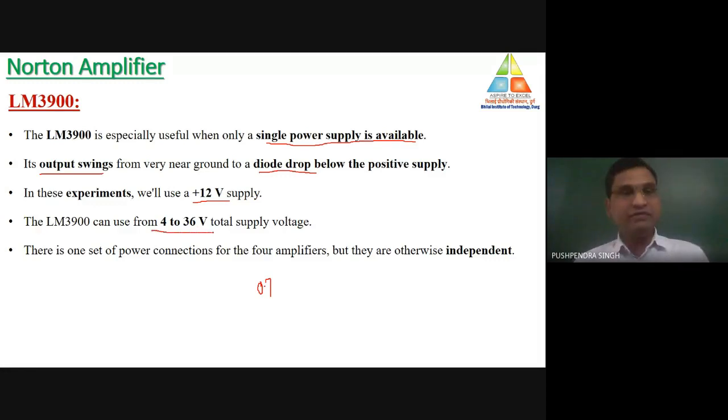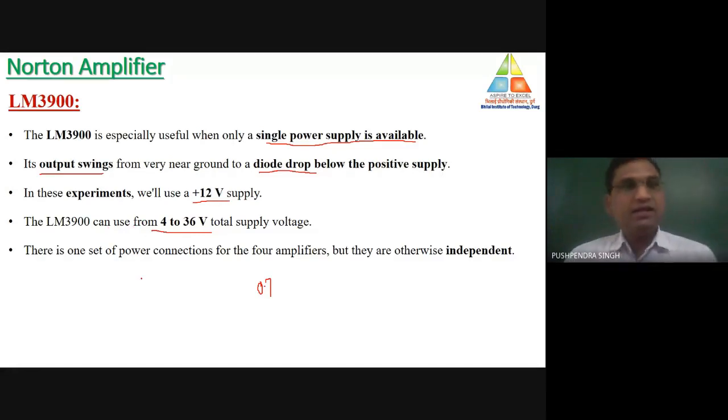In between 4 volt and 36 volt, you can use this LM3900 without any kind of problem.